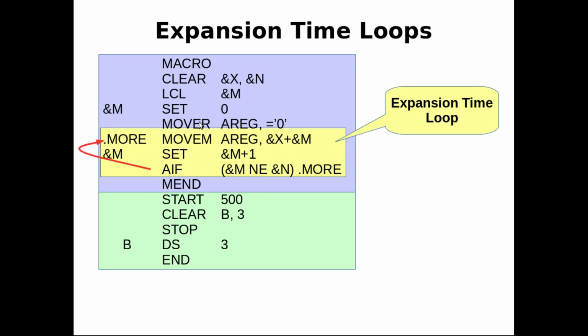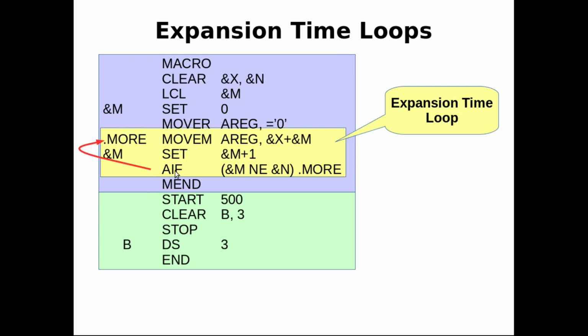So what is happening in the macro definition is we first declare a local expansion time variable m. In the next statement we initialize m to 0, then we have a model statement, and then we have another model statement, and then we increment the value of the expansion time variable by 1.